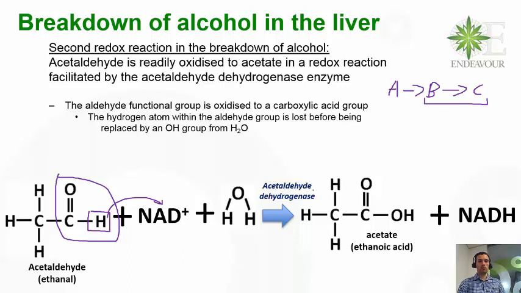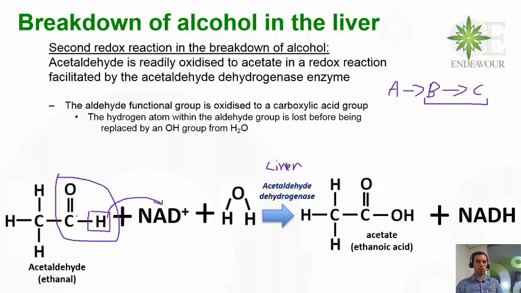This reaction is facilitated by another enzyme, acetaldehyde dehydrogenase. Again, this enzyme is only present in the liver, and that's where we need to have these reactions occurring, which is why the ethanol was originally taken to the liver in the first place.